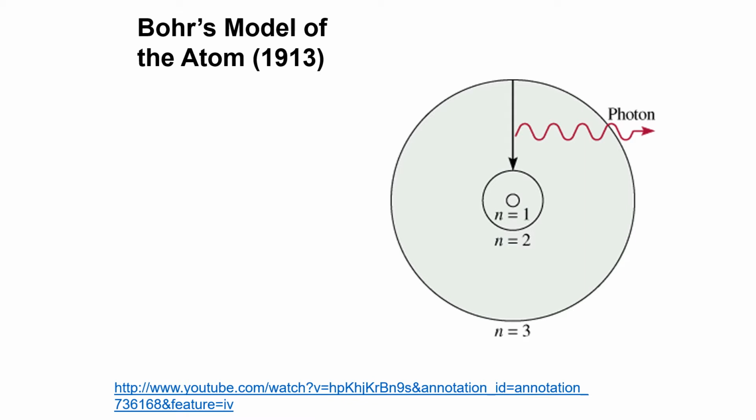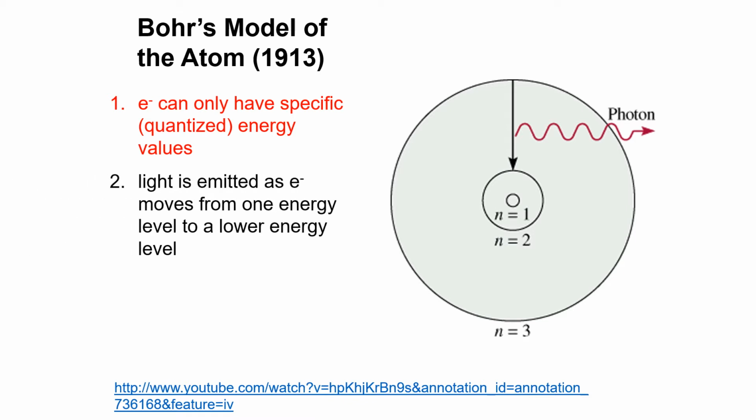And in his model, electrons can only have specific, or discrete, energy levels, and electrons can transition from one energy level to another by either acquiring or releasing energy.